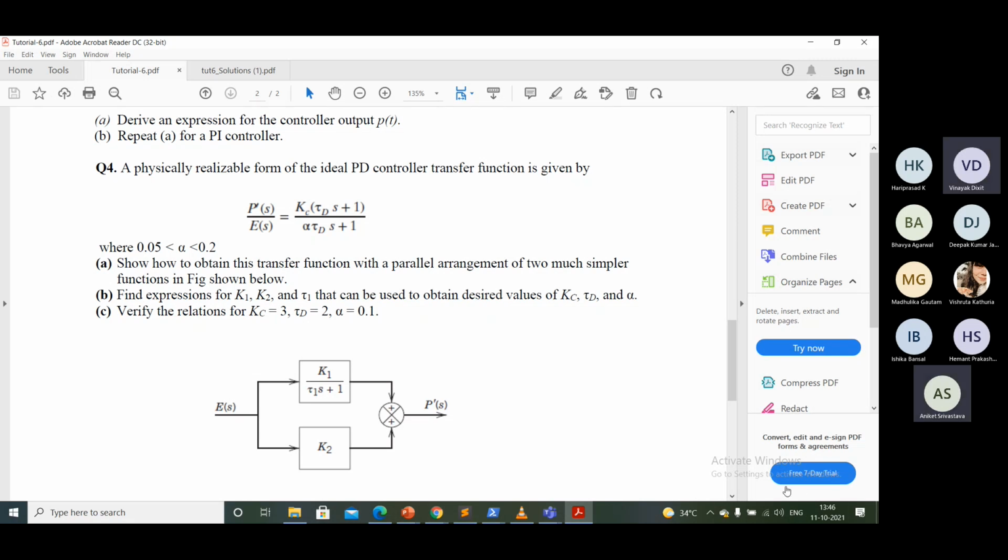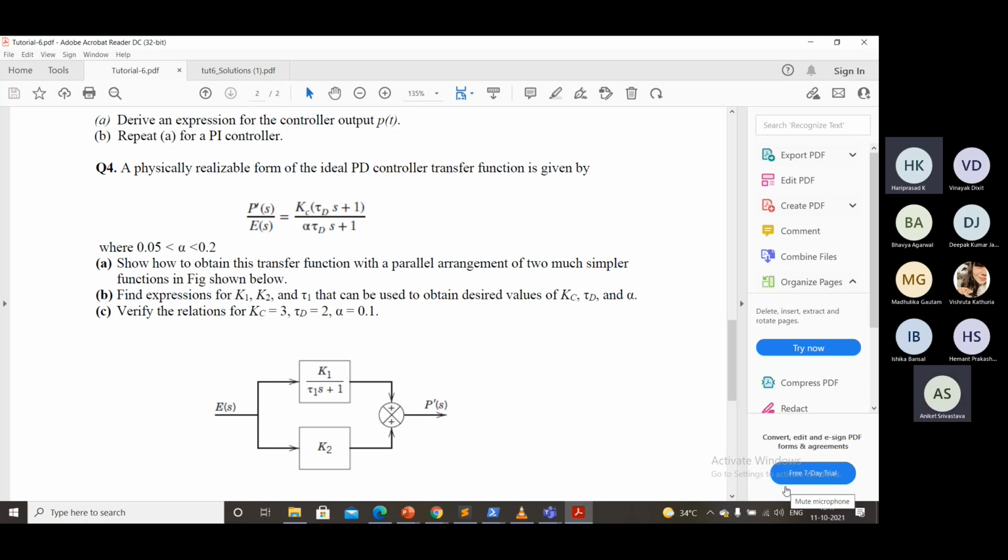Sir, basically we have to relate the values of K1, tau 1, K2 with the expression that is given in the question, P dash over E. Yes, exactly. Any physically realizable form of the PD controller would have the following form. Then you are given a parallel arrangement of systems.